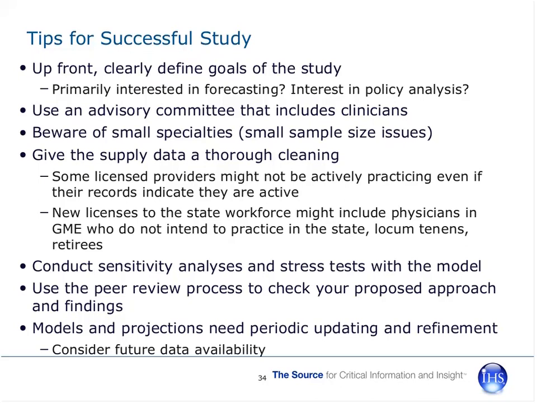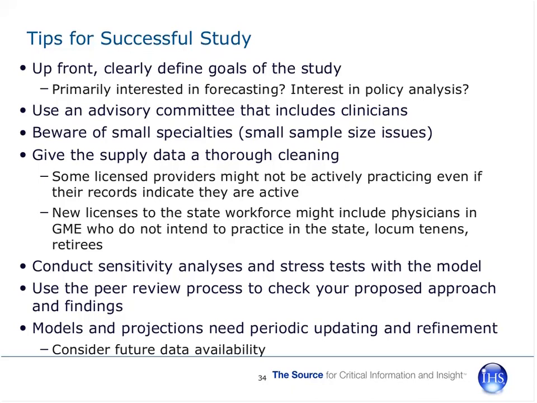What I found from analysis of files such as the AMA master file and also state licensure databases is that there are quite a few older physicians who the file indicates are active, but the age distribution doesn't conform to patterns of retirement. For example, let's suppose that retirement patterns were such that no one worked after the age of 90, yet we see people in their 90s that are still listed as active in the files. That makes you think something might be wrong.